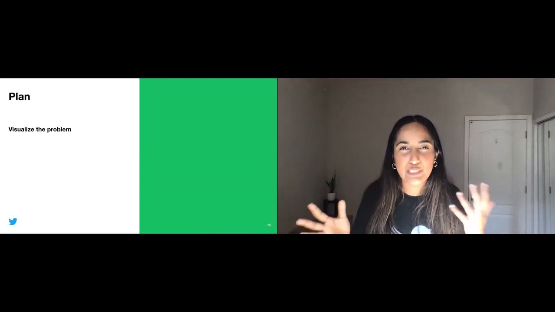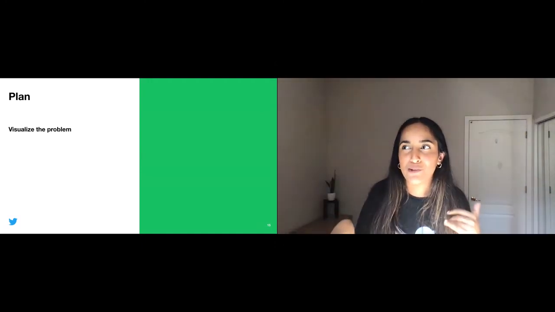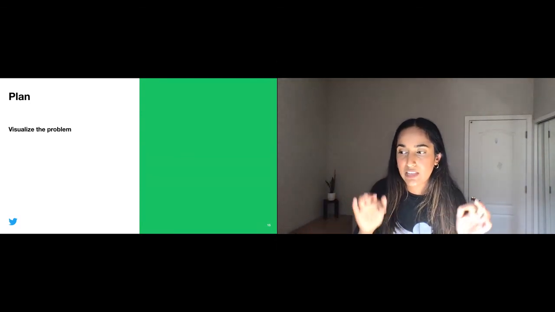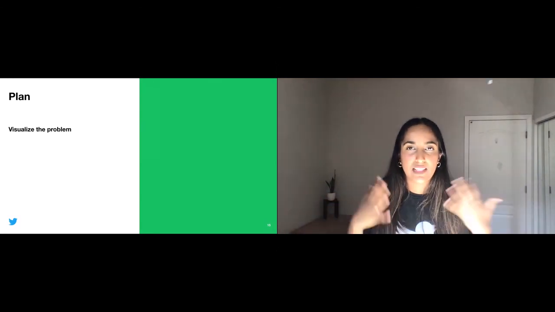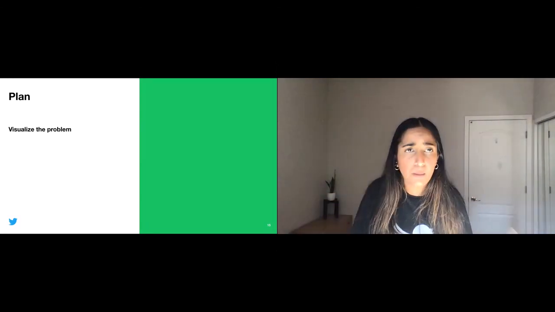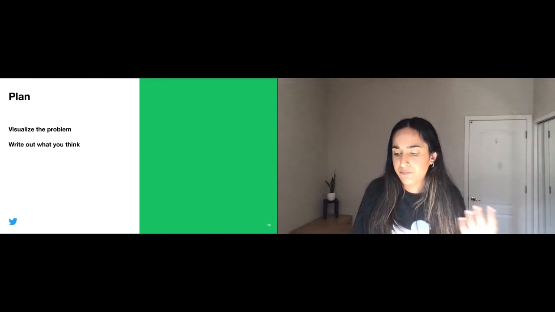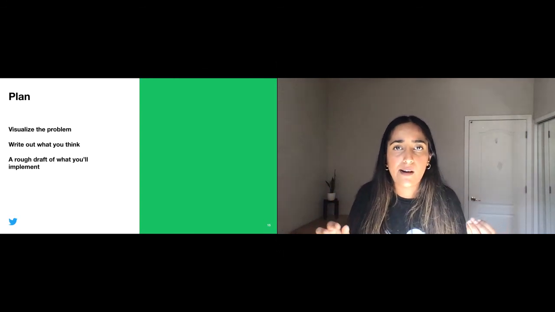Although I know most interviews these days, especially in COVID times, are on the computer, and sometimes it can be really hard to just draw out stuff. I think even if you can do a quick little diagram on the screen by typing, that would be great. But if not, you can also write pseudocode, which is just a rough draft in plain English of what you'll be implementing.